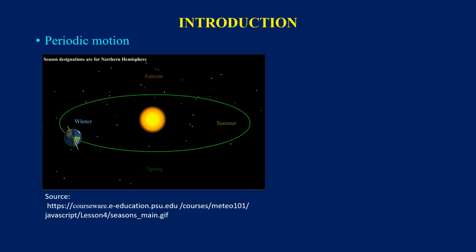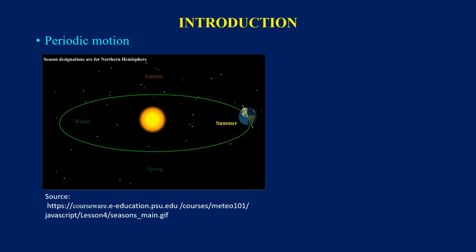Here it is winter season, it is spring, it is now summer, autumn and again winter. So in this way the motion of earth around the sun is repeated itself at a regular intervals of time. So the motion of earth around the sun is example for periodic motion.